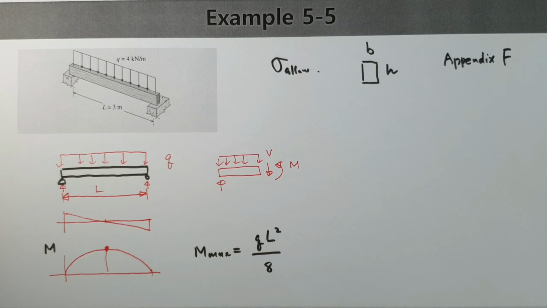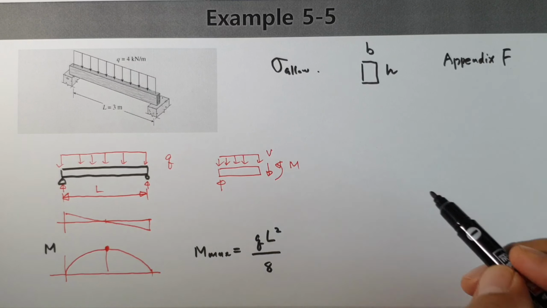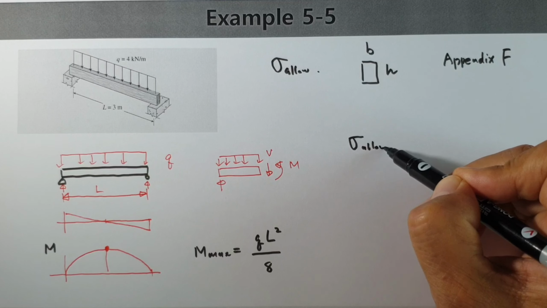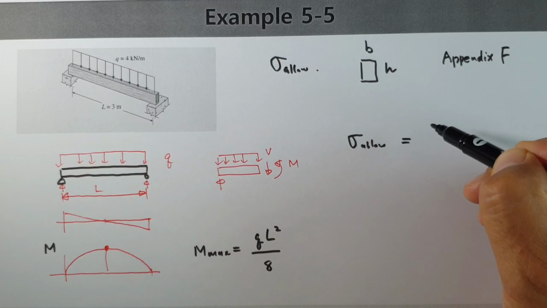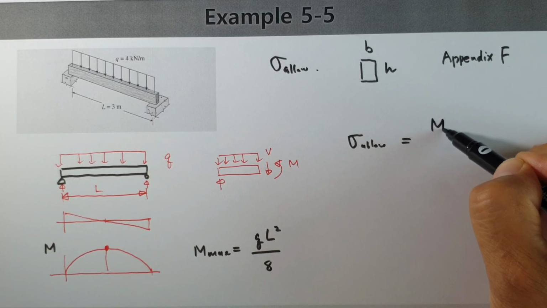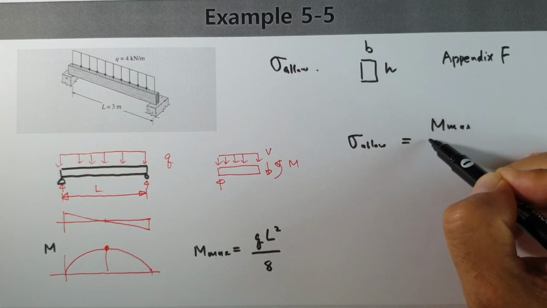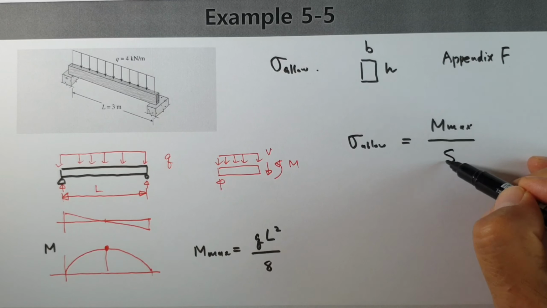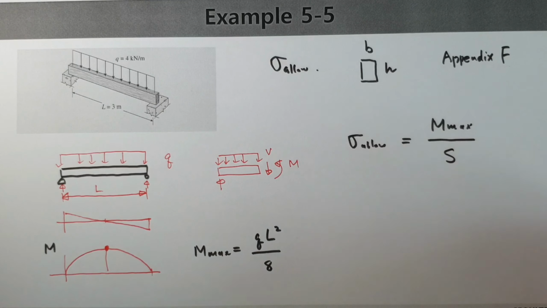QL. And after that, we would like to know the section modulus. The maximum allowable bending stress is the maximum bending moment divided by the section modulus S. Okay.